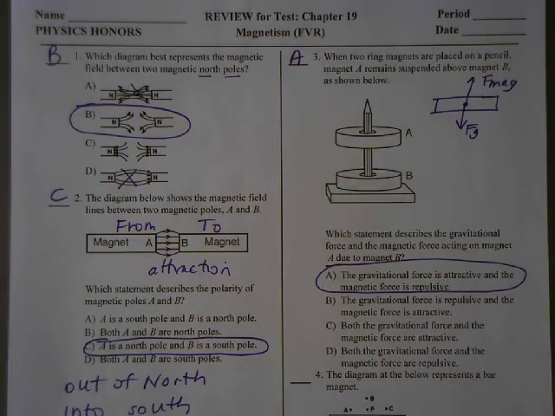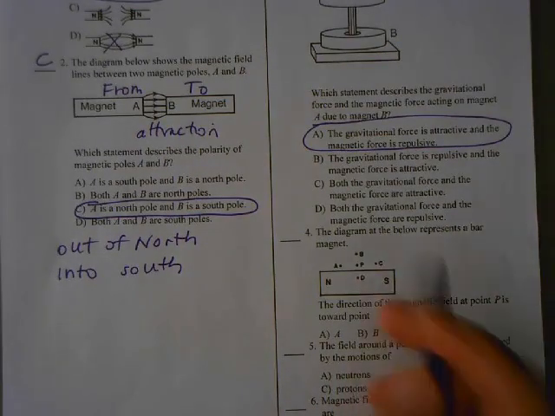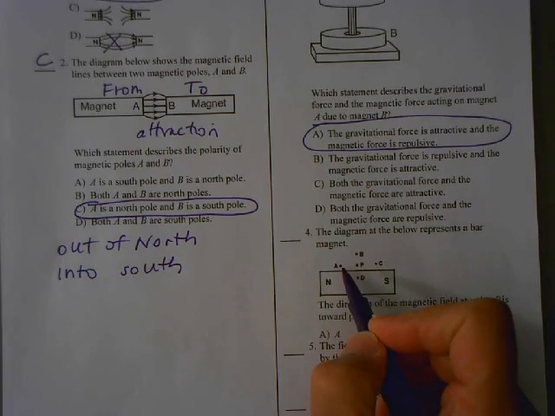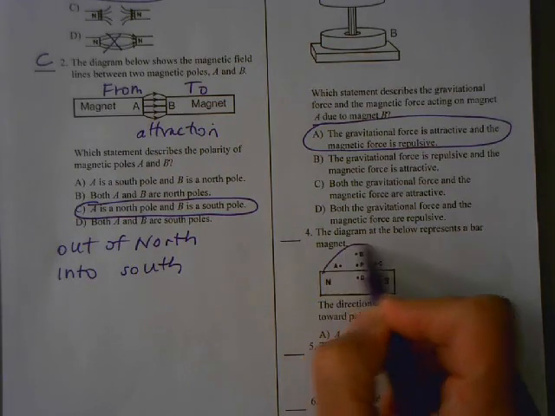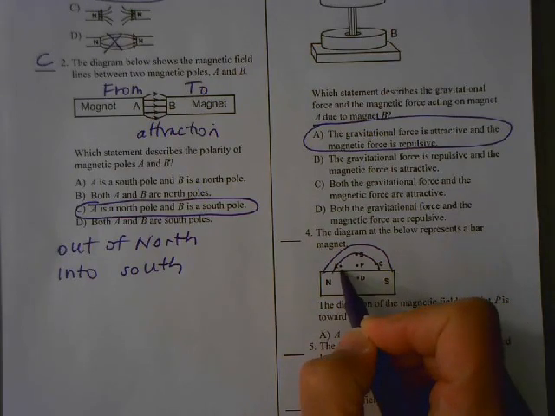All right. Number 4. The diagram below represents a bar magnet. The direction of the magnetic field at P, okay, so remember it goes from north to south. So now we're going to try and draw the line. We did this in our other lab where we drew the magnetic field around a bar magnet. So remember it's going to go from north to south, north to south, north to south, and north to south.